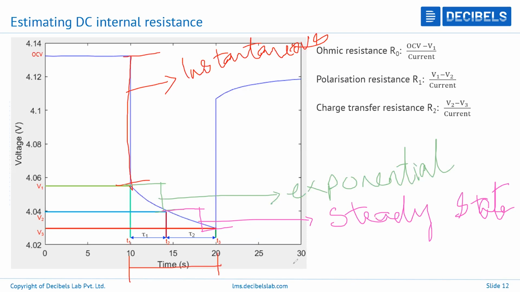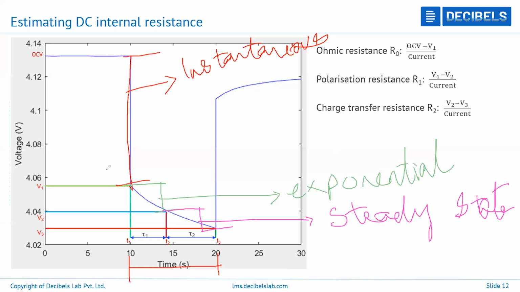If you apply a pulse of 10 seconds, your voltage response looks like this. This is because of the complex chemical dynamics that happen inside; they influence this kind of behavior. Once you observe this, you're able to estimate the resistance at each instant.